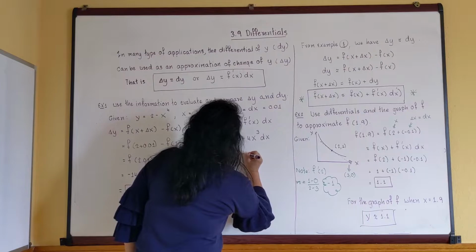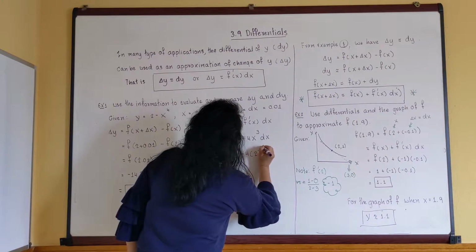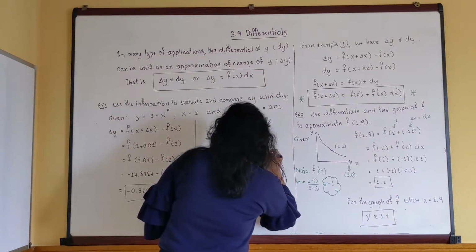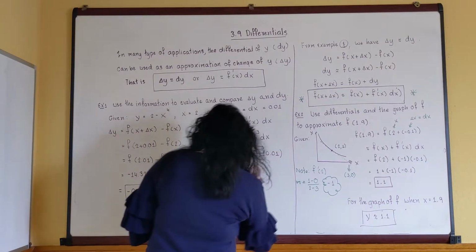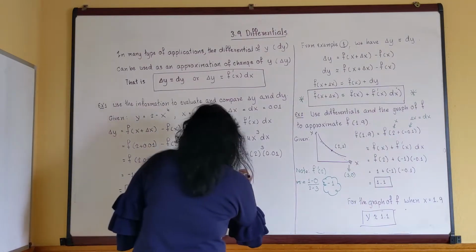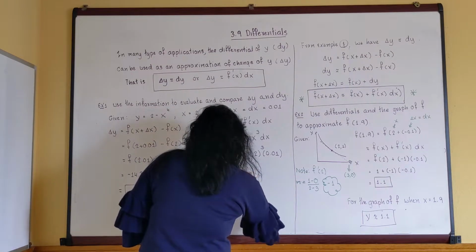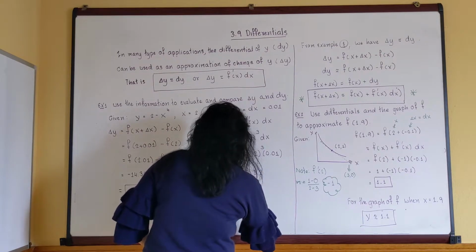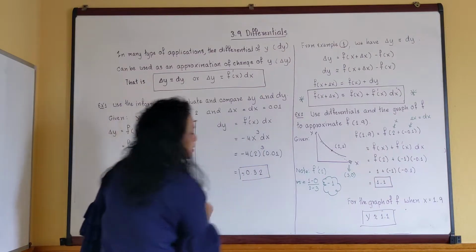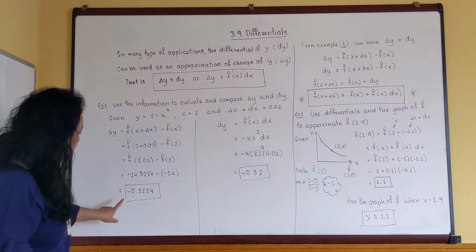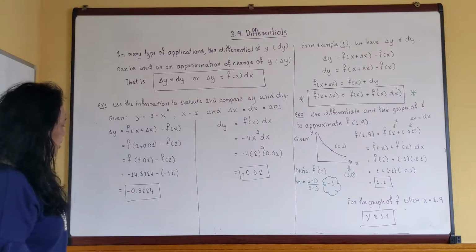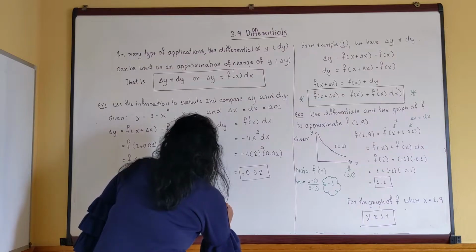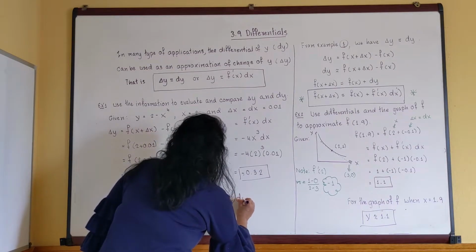I'm going to have negative 4 times 2 to the cube, and my dx is 0.01. After you calculate this, you're going to have negative 0.32. As you can see, they're not exactly the same, but they're very close. So I'm going to say that delta y is approximately dy.